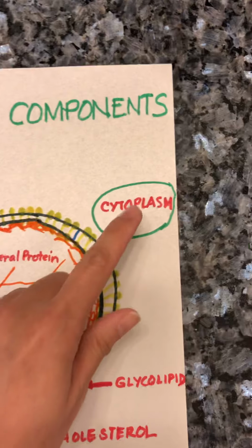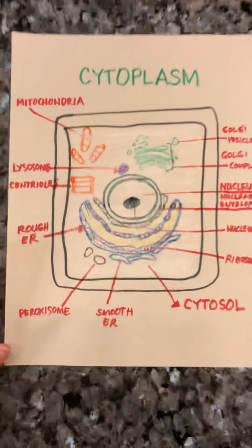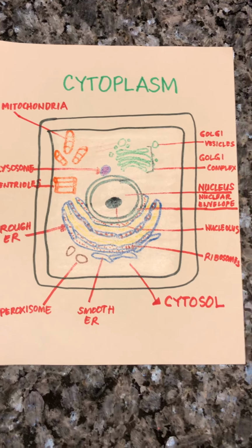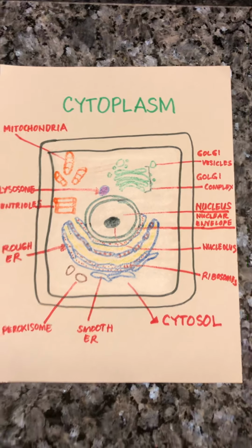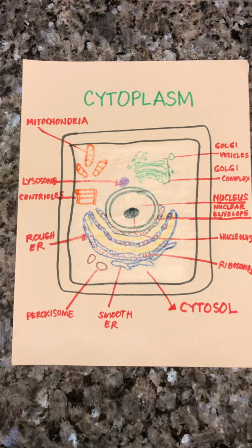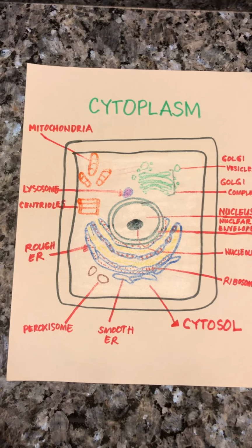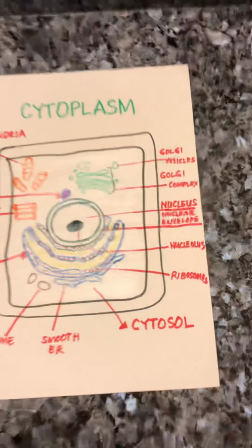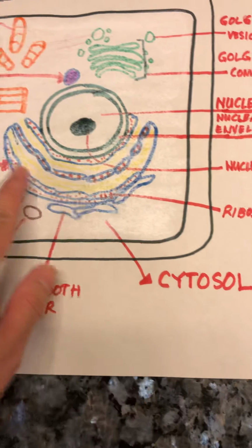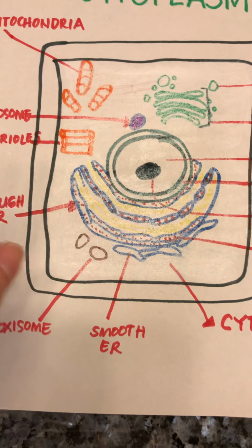Now the next component is the cytoplasm. So the cytoplasm of a cell includes all of the contents inside of the cell. In the cytoplasm, there is cytosol. So what is the cytosol?